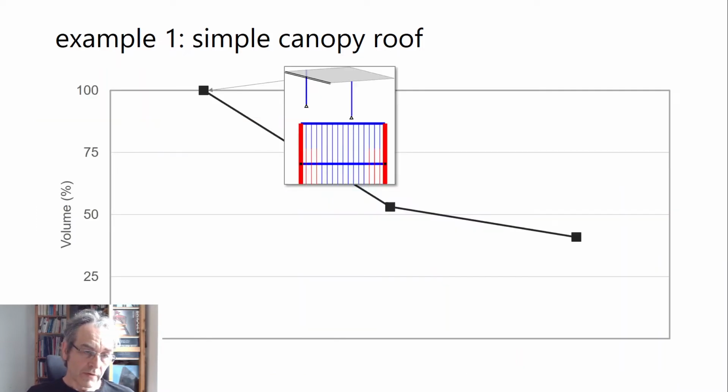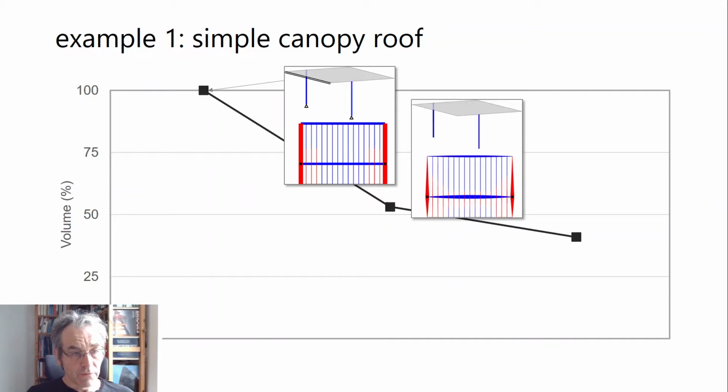So what we've assumed here is we've got an 8 by 6 meter flat roof with a couple of column supports, and also one of the long edges we're assuming has a simple support. And what we've got here is a reference design which comprises a series of orthogonally oriented beams, either hogging or sagging, to carry the load. And we're taking that as the reference for 100% volume design.